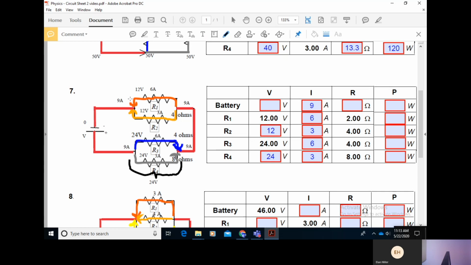Similarly, from here all the way to here, there is a potential drop of 12 volts. Now, if the voltage subtracted from the total 24 and then another 12 to get back down to 0, that means the total that you started with must have been 36 volts.